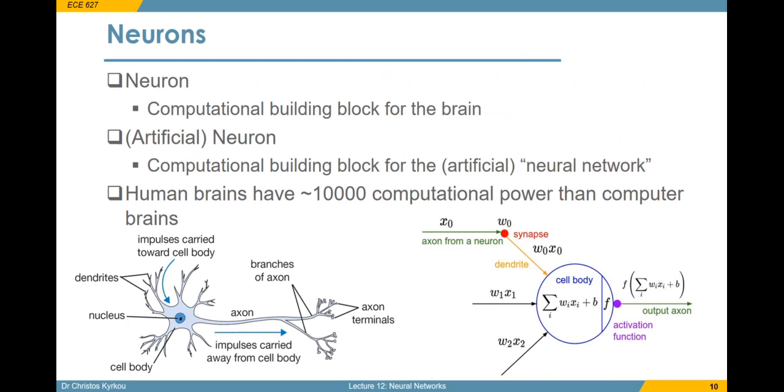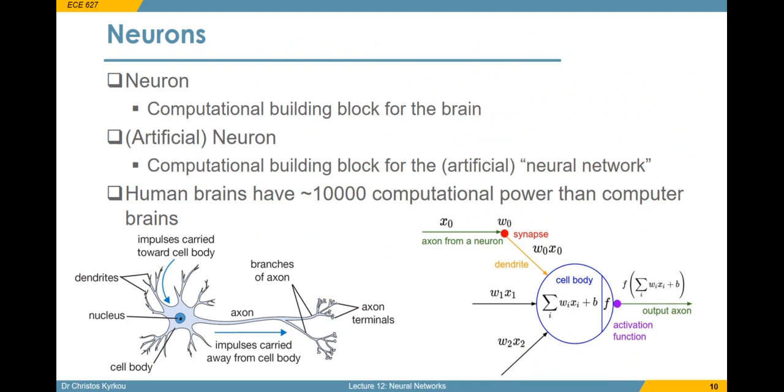The biological neuron is much more complex, and it also has other properties rather than what I described. And it also takes into account temporal information of the signals that it receives. So the artificial neuron is a much simplified mathematical model rather than an advanced replication of the biological neuron.